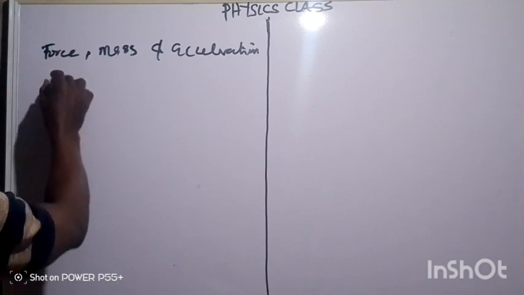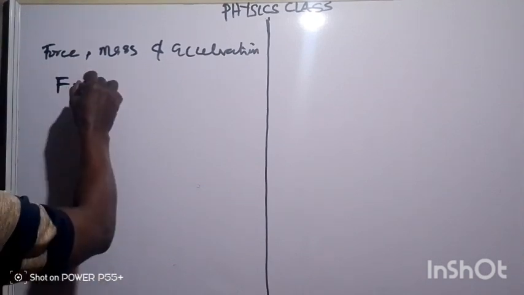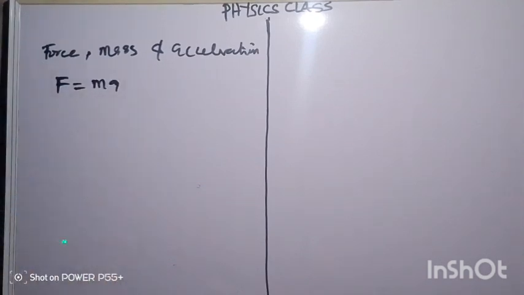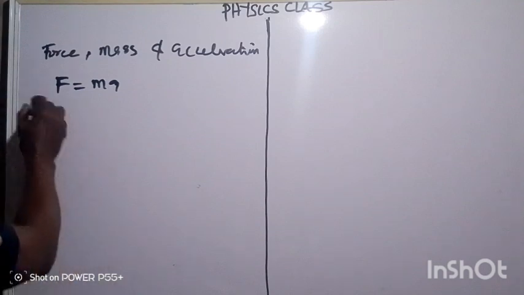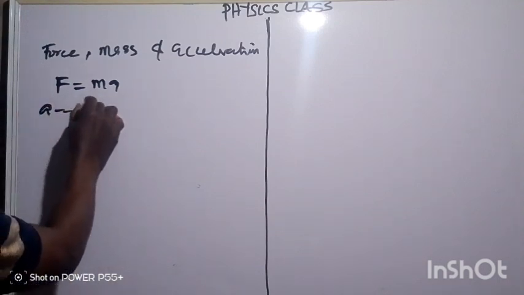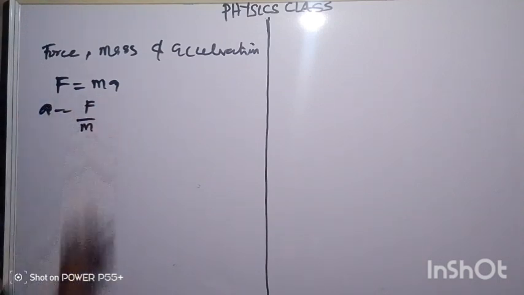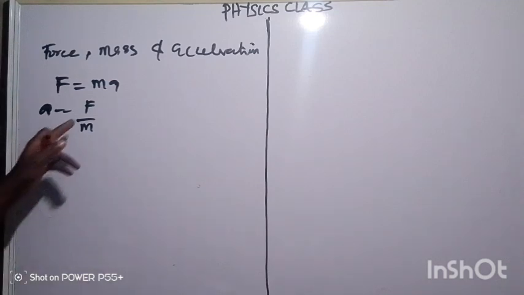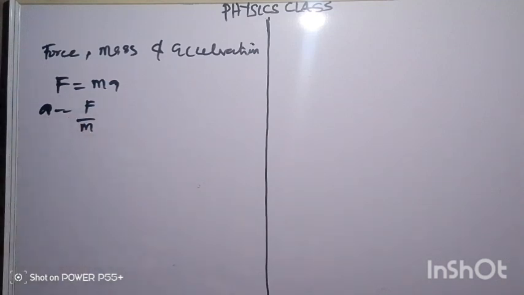Then we said from Newton's second law of motion that F is equal to ma. We now say that a will be equal to F over m. In this case, we concluded that force can affect acceleration.